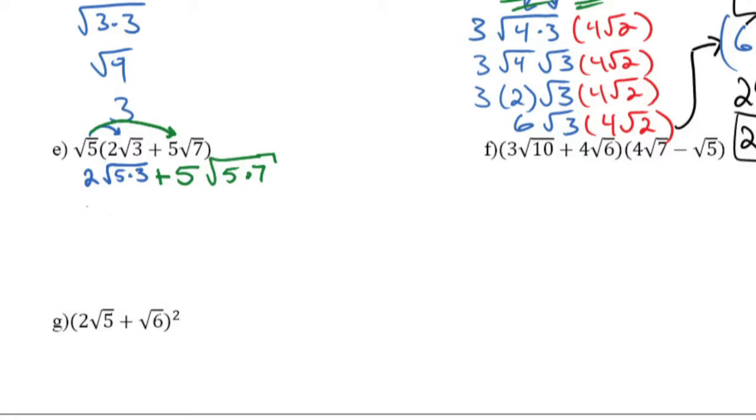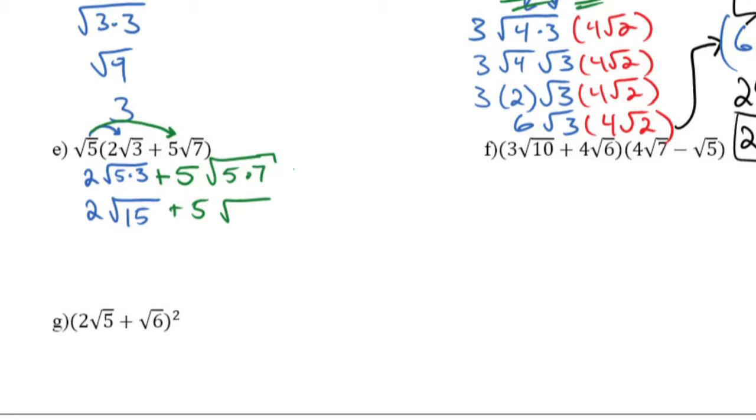All right, so I have this 2 and root 5 and root 3 gives me square root of 15. And then I have this plus 5. And 5 and 7 is 45. 5 and 7 is not 45. I don't even know where that came from.